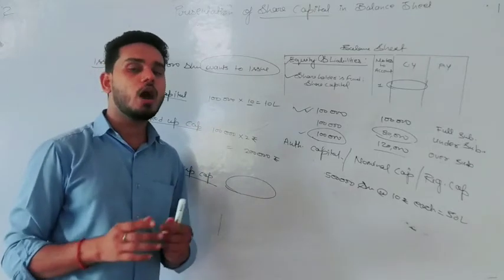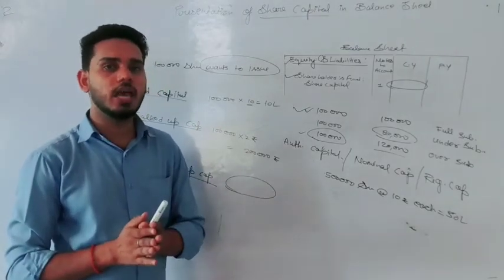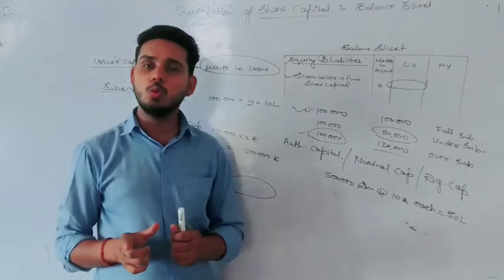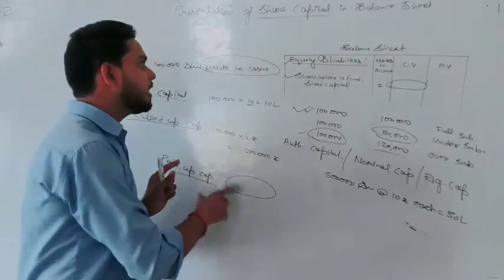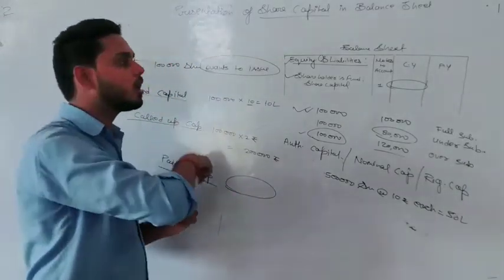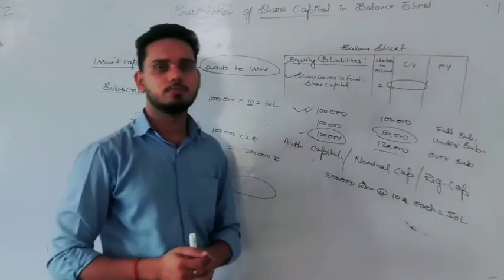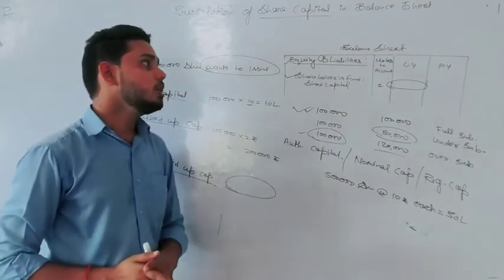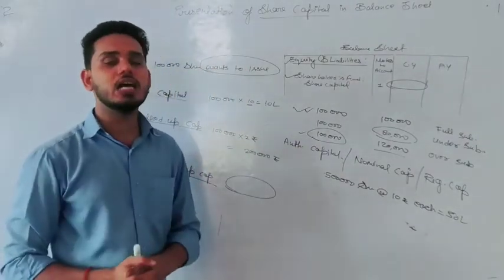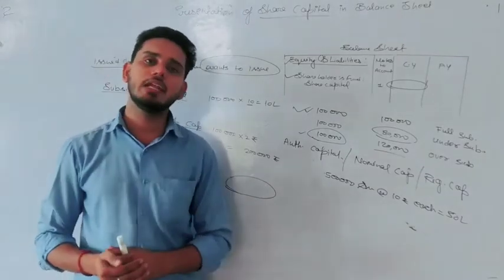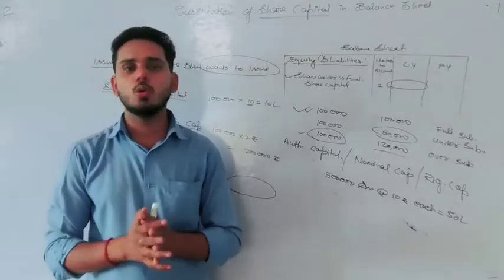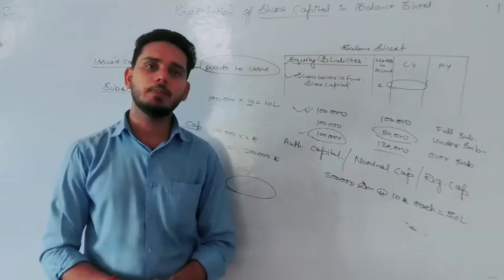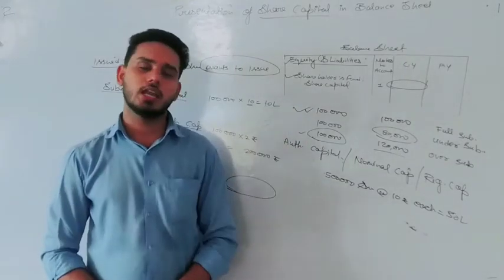Because if we know how to prepare it, all we have to do is write the paid up capital from that notes to account to the balance sheet. So we will see in today's class the various possibilities of preparing notes to account of a company related to share capital.